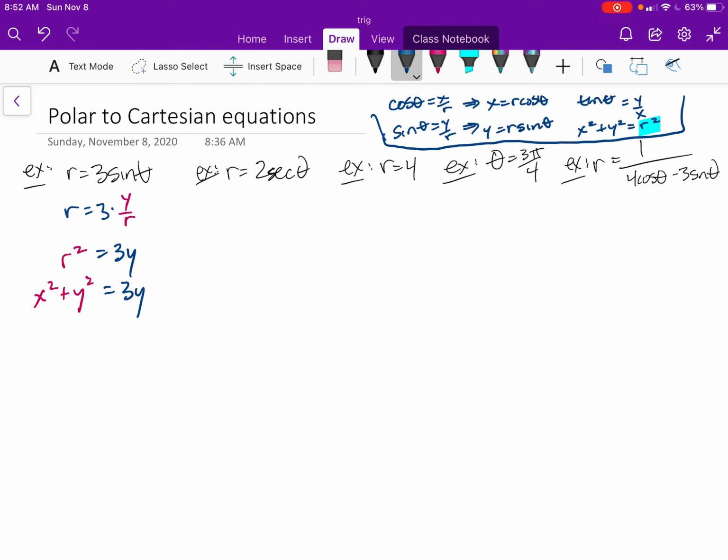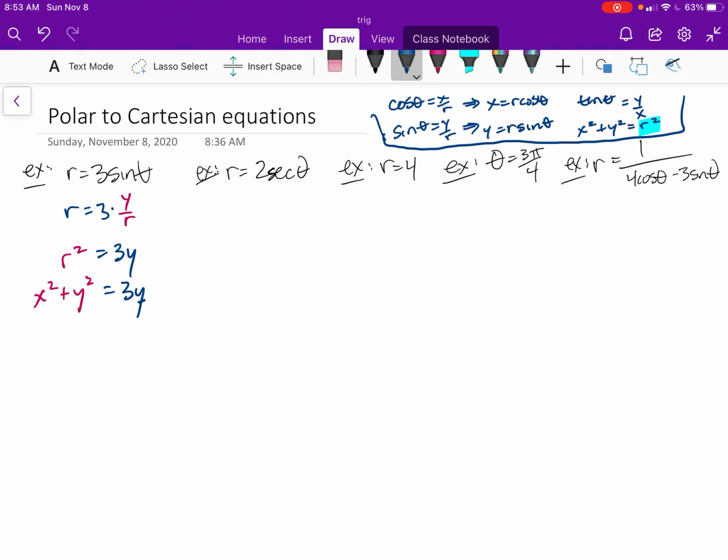I'm going to end there for a second, but we are going to come back to this problem. I have everything, right? r and thetas are gone. I have x's and y's. Awesome. But I don't really know what that is yet. I'm guessing a circle, but this other y we might not be used to. Like, what do we do? I'm going to come back to that in just a second.